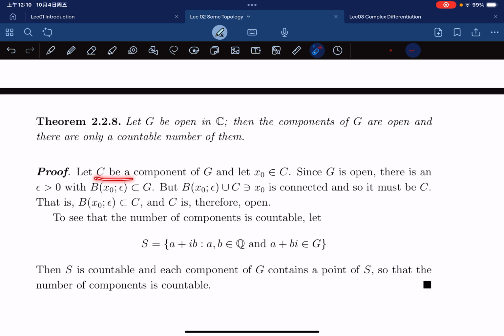So for any component C of G, let x naught be in C. Since G is open, we can find a ball contained in G. But notice that this ball is a connected set, and C is also connected, and x naught is the common point in them. So the union must be C, which means the ball must be contained in C. So C is open.